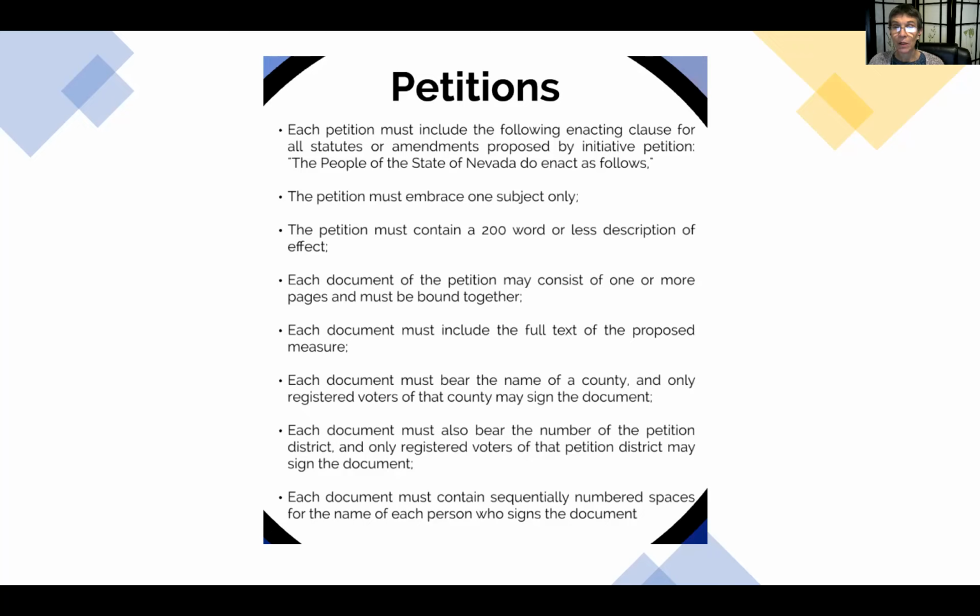Each document must include the full text of the proposed measure. Each document must bear the name of the county, and only registered voters of that county may sign the document. Each document must also bear the number of the petition district, and only registered voters of that petition district may sign the document. Each document must contain sequentially numbered spaces for the names of each person who wants to sign the document.